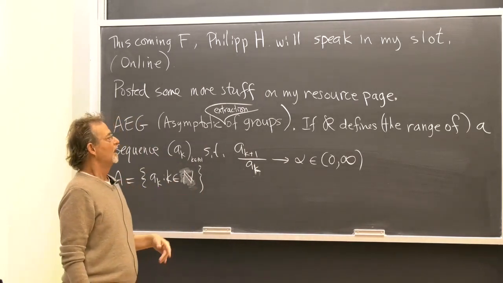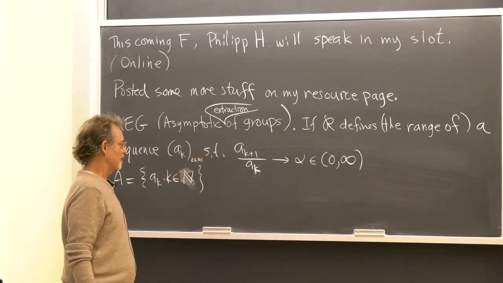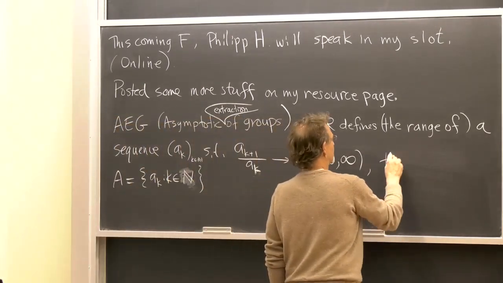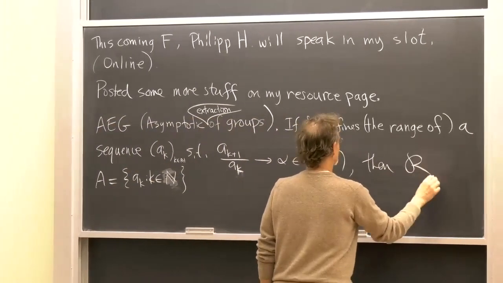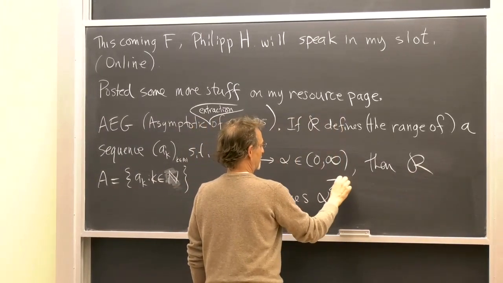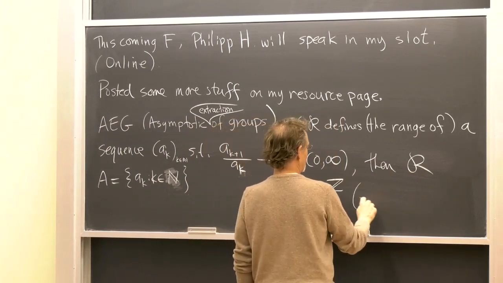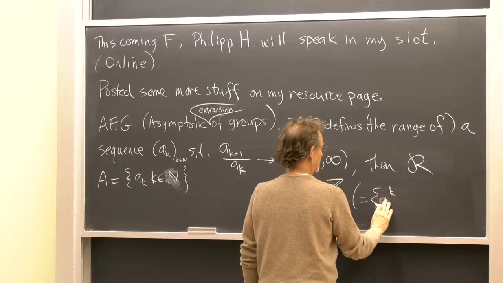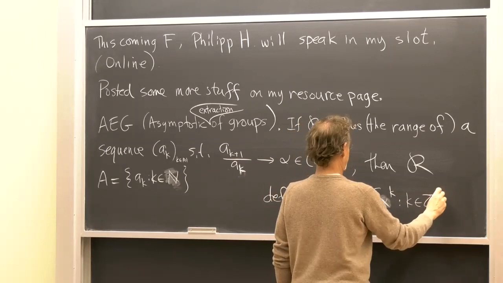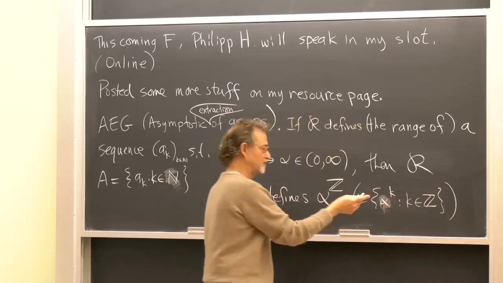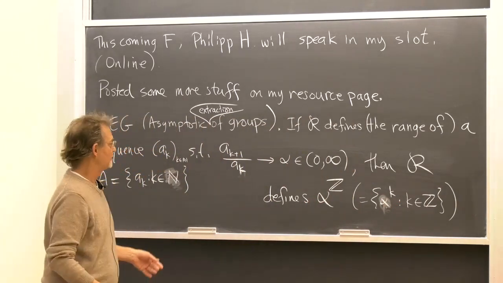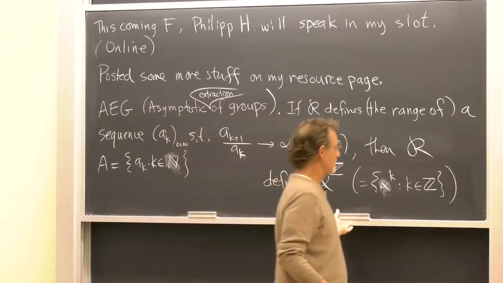All right, but it's just too much trouble to say range of a sequence all the time. So if we have this happening, then my structure defines the group alpha z, which is all of the integer powers of alpha. It's the cyclic group generated by alpha. Of course, I only need the positive ones or the negative ones or whatever because of definability, but that's okay. Now, so this is pretty easy.